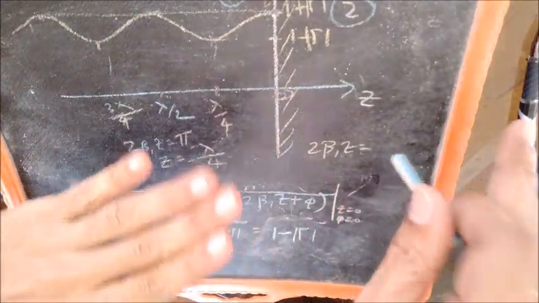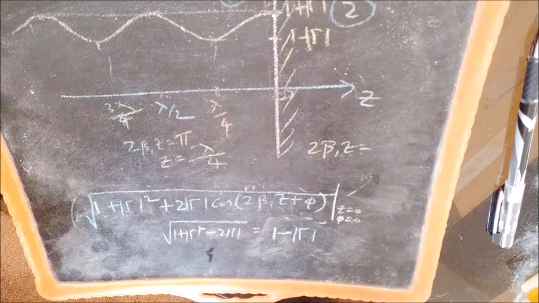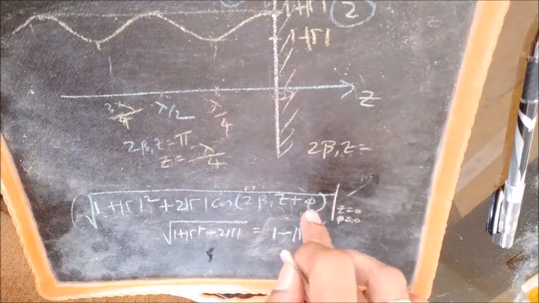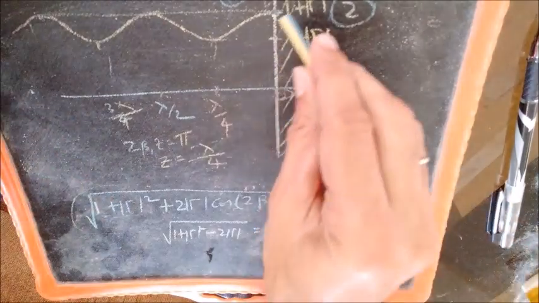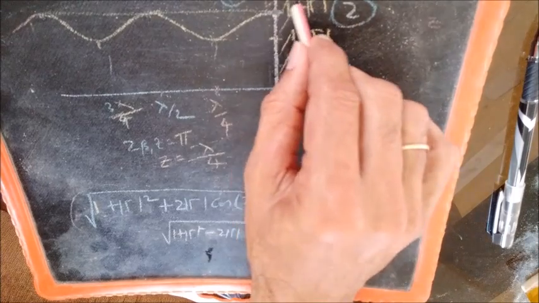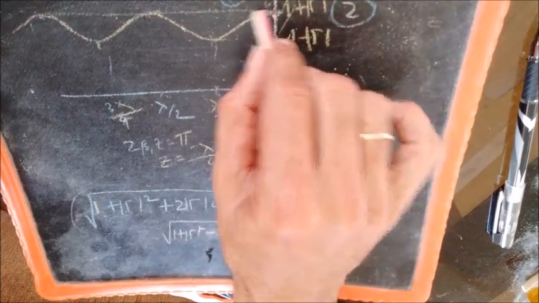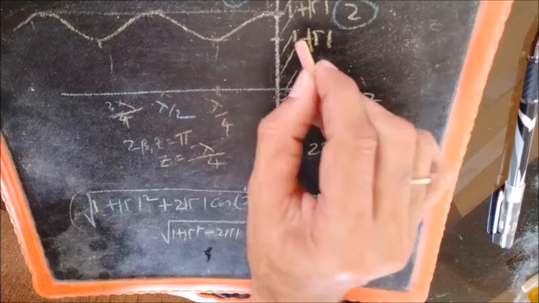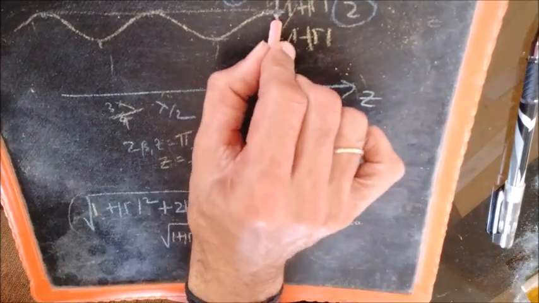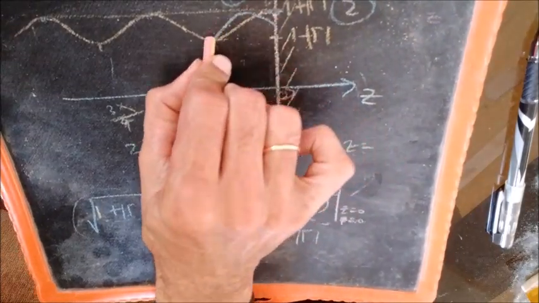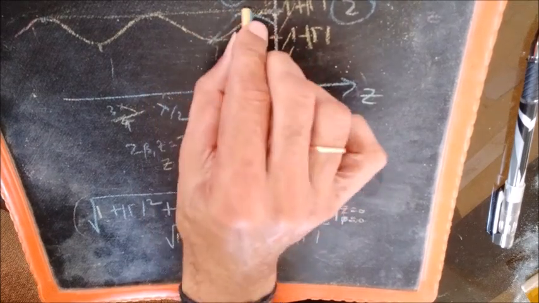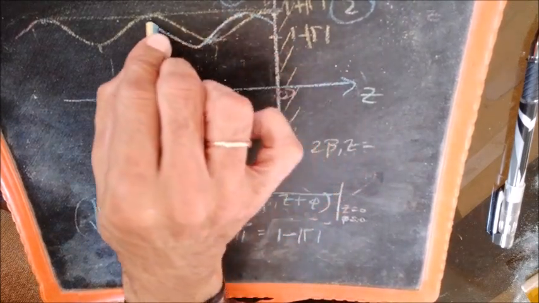I will show the simulation shortly. Now again, if phi were not 0, instead of having this peak here, 1 plus gamma, it would have been somewhere else. That's all. So for example, maybe it would have been something like this. If phi were having some other value, it would have been like this.